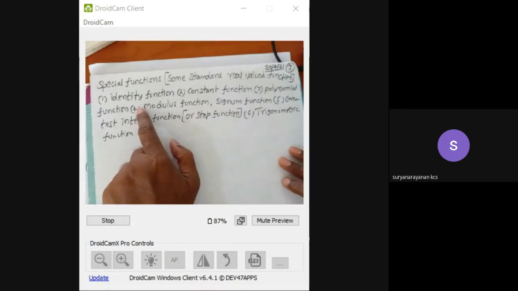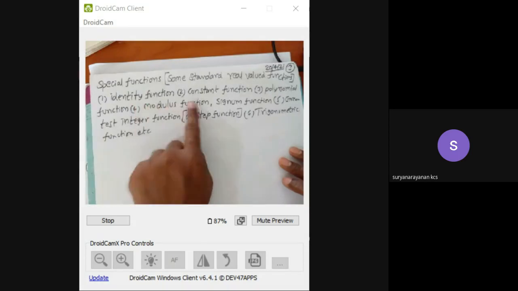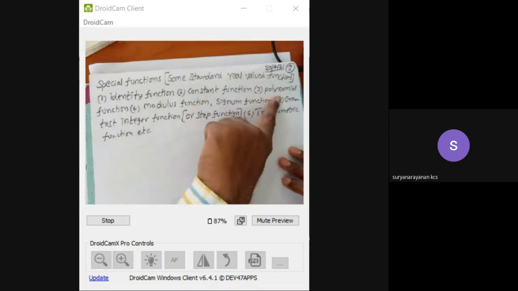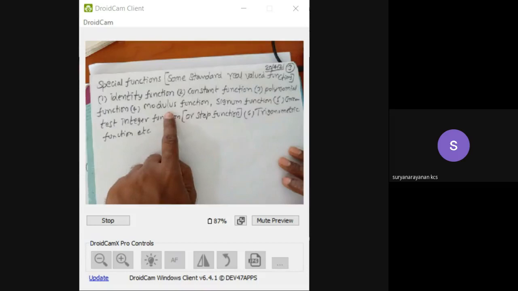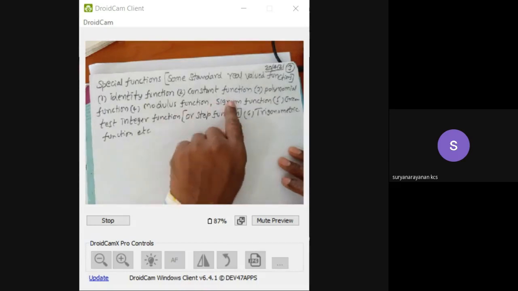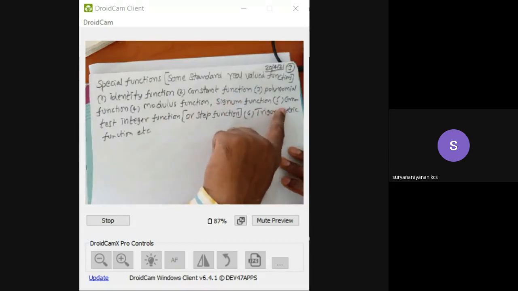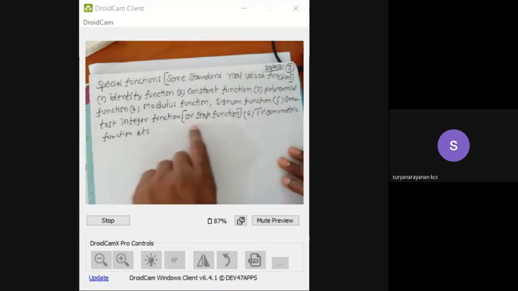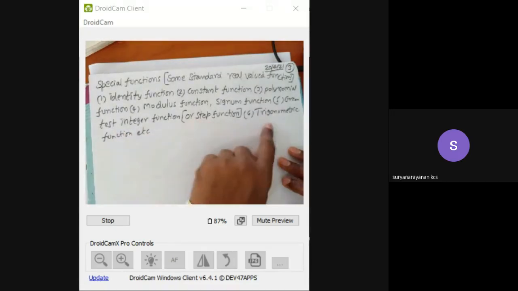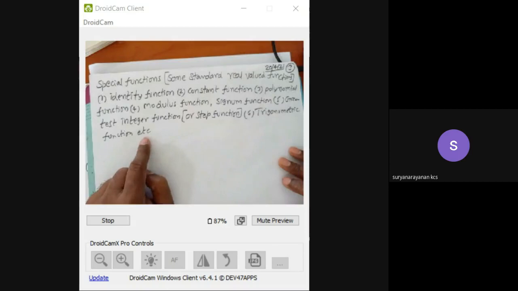This knowledge is very useful in next classes. What is identity function, constant function, polynomial function, modulus function, signum function, greatest integer function, this is also called step function, trigonometric function, etc. In textbook, all of you go through the first year mathematics textbook. Will you go through the textbook, my dear children?